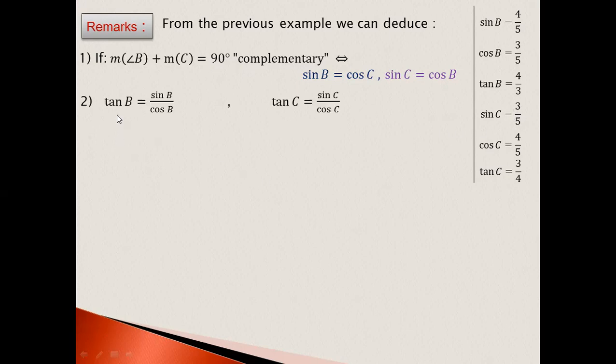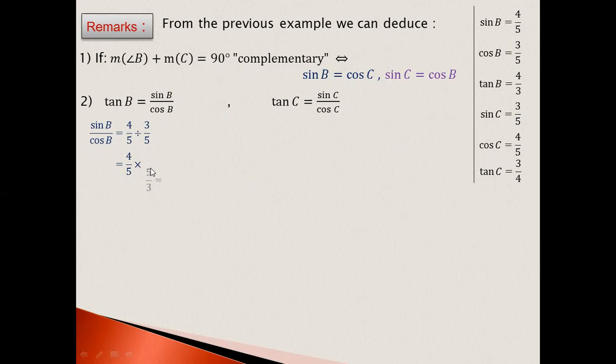Number 2, tan B is equivalent to the ratio between sine B and cosine B. If we divide sine B by cosine B, it's going to be 4 over 5, sine B, and cosine B, 3 over 5. So it's going to be 4 over 5 divided by 3 over 5. We can keep the first fraction 4 over 5 and change the division to multiplication, and then get the reciprocal of the second fraction 3 over 5.